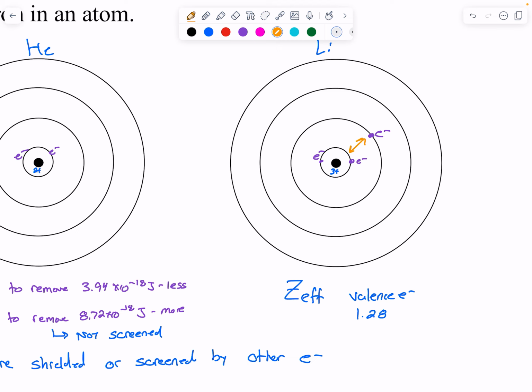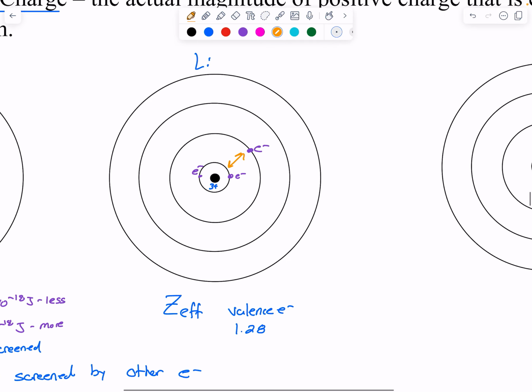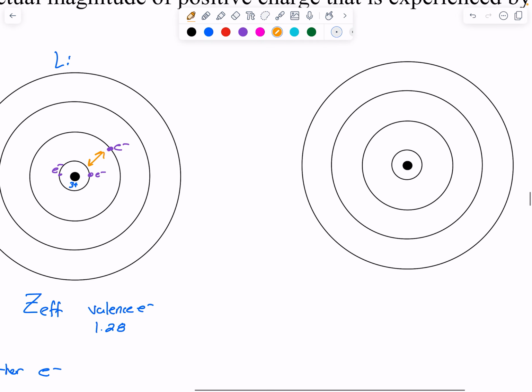But as we get more and more electrons, as we scoot over, whatever the positive charge is, you have 2 electrons going around. But as we get more and more electrons in the second energy level, there's more charge there.